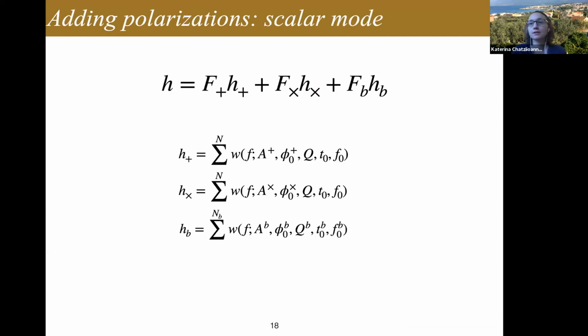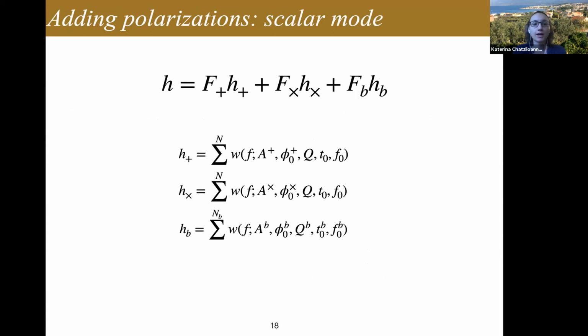So in this case, we're going to extend our analysis. Instead of the first equation, where what you observe is a linear combination of plus and cross, you also add something additional. In this case, that would be a scalar mode, one of the additional possible modes that GR doesn't excite, but beyond-GR theories might.